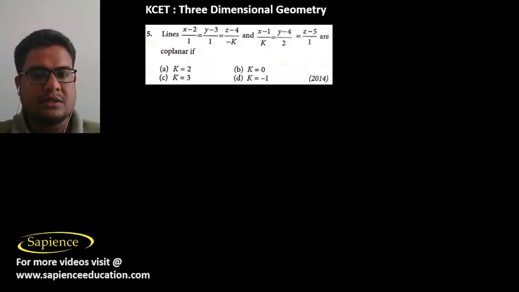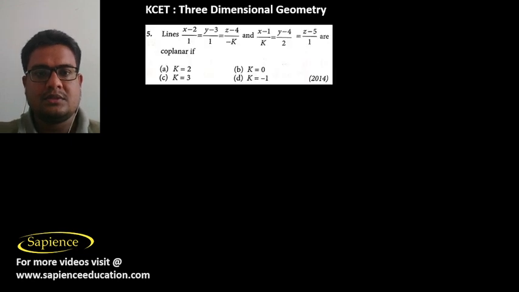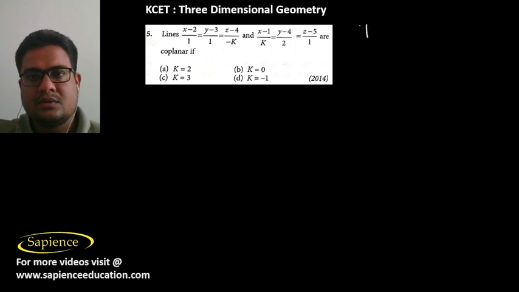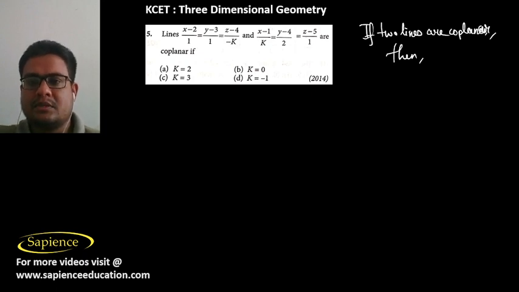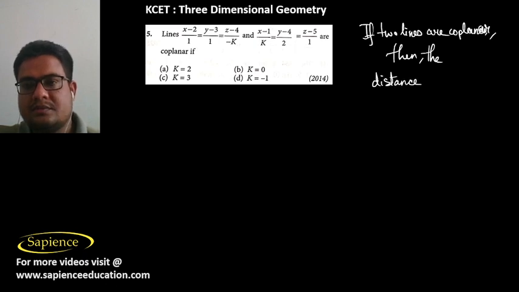Then in question number 5, it's told that these two lines are coplanar. If two lines are coplanar, if they lie in the same plane, then it means the distance between the skew lines should be equal to zero. We have to use the rule for the distance between skew lines.